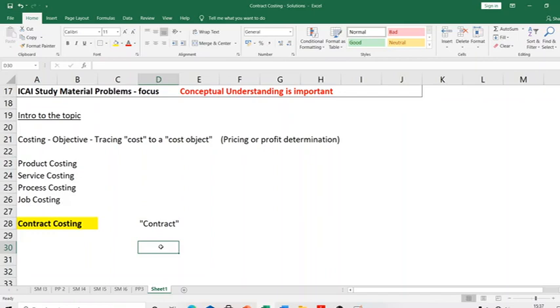One contract talks about doing one particular service or job for a particular customer. For that, what is the cost associated? We want to find out the cost associated with one contract. So here, when we say contract, we should dig deeper and say that it is a contract for doing some activity, which could be a service or a job.